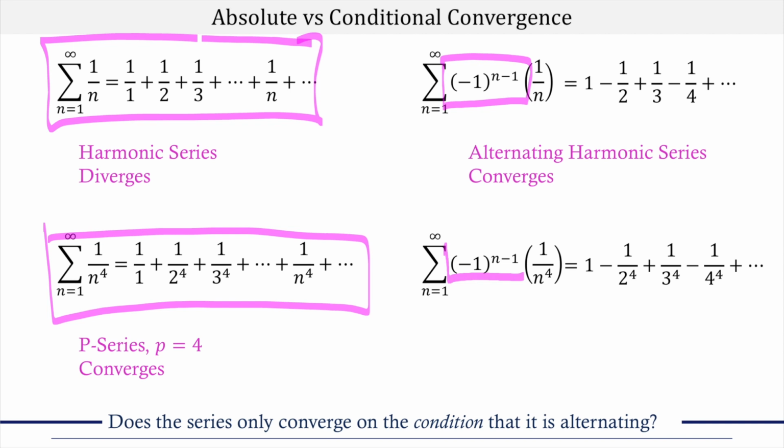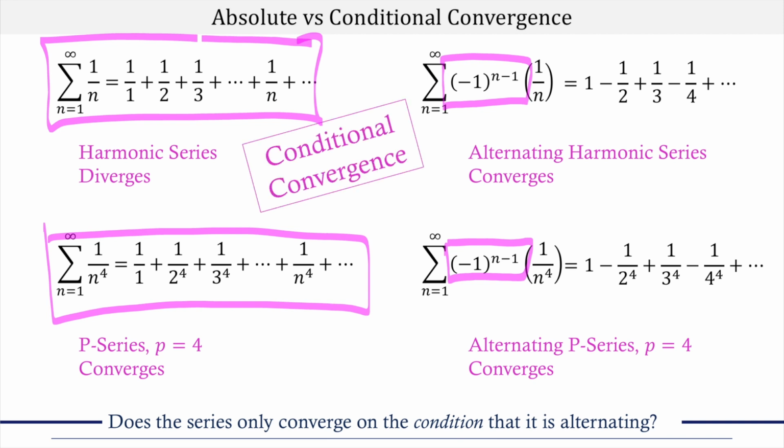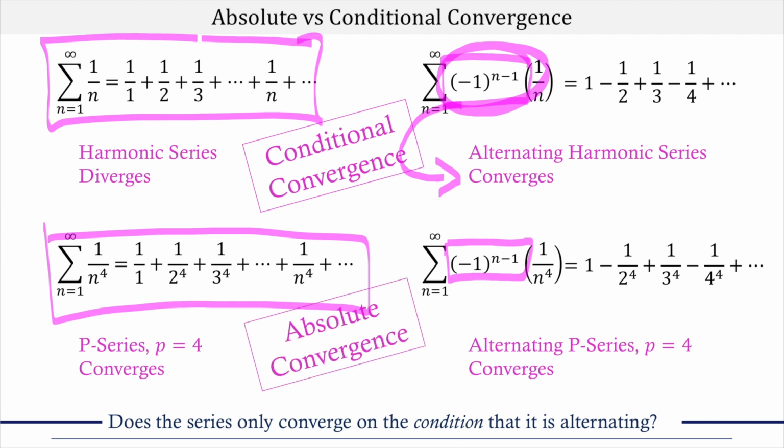If we add an alternatingness to it, then we have an alternating p series with p equals 4, and it also converges. So on the top here, we call this conditional convergence because the alternatingness here that we added made a divergent series convergent. But below here, absolute convergence, when we added alternatingness to it, nothing happened because it was already a convergent series.